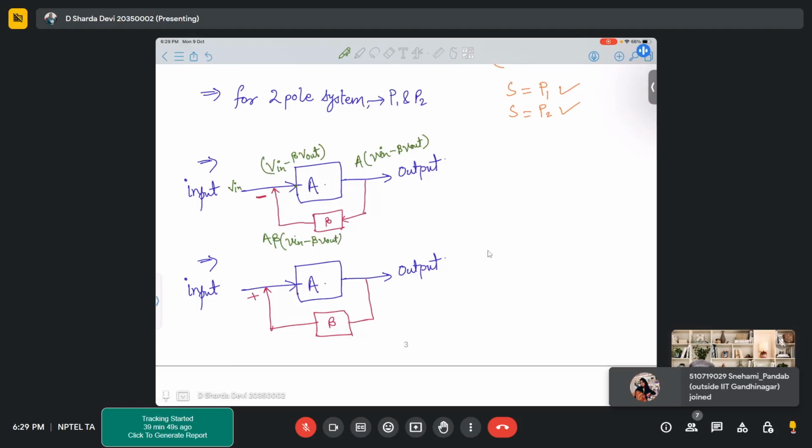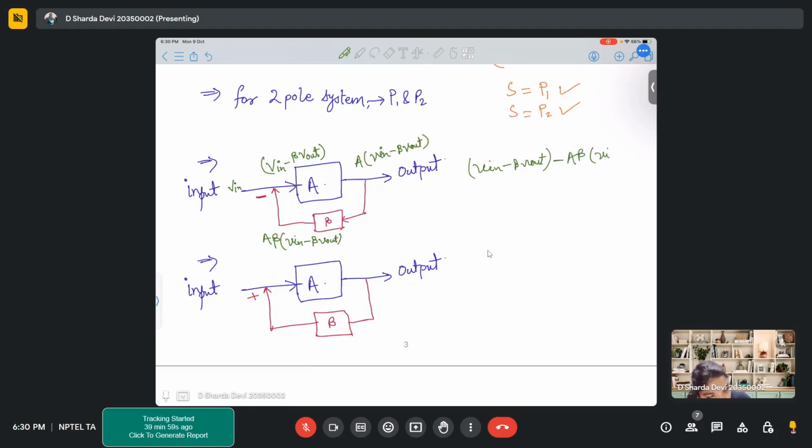And this is again getting subtracted. Earlier it was V in minus beta V out, now it is minus A beta times V in minus beta V out. And this is continuously looping.